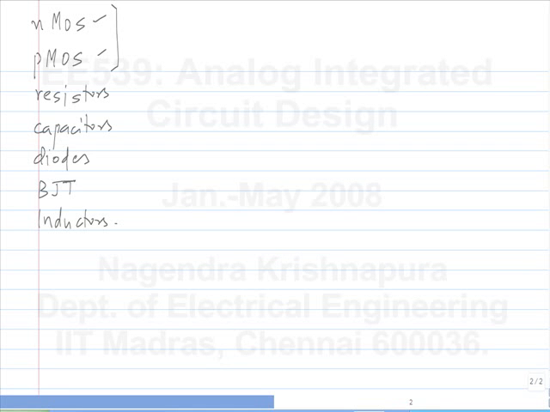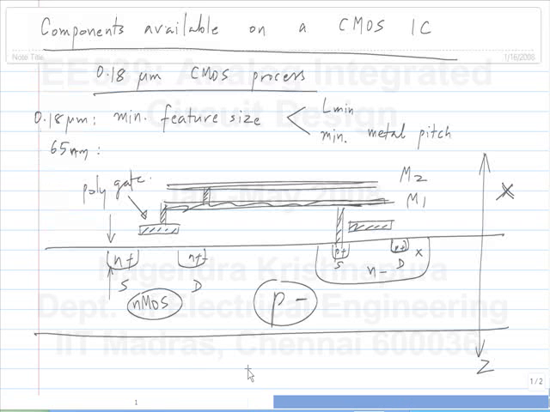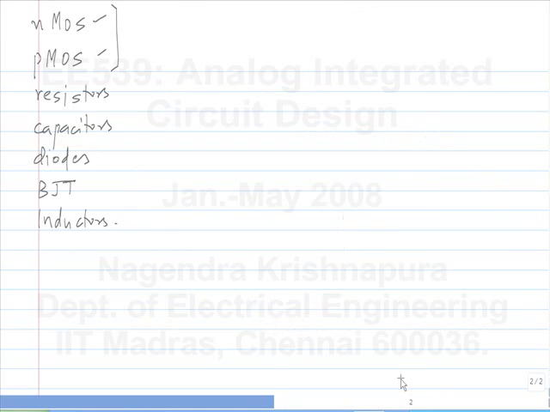What else can you use to make a resistance? What other feature do you have in a process that you can use to make a resistance? You can use one of the diffusion layers, basically.